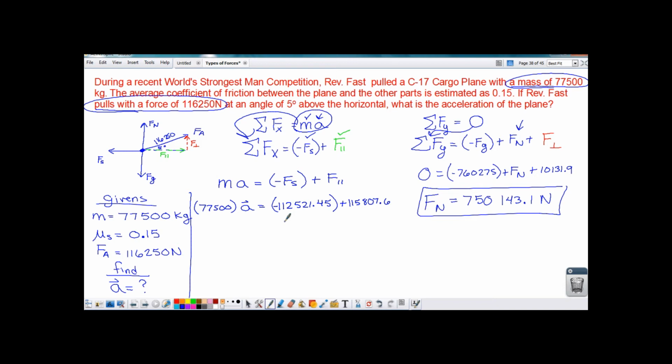If we add these two together, we get 3,286.15 newtons. On the other side, we have 77,500 kilograms times the acceleration. Divide both sides by 77,500. The acceleration is 0.042 meters per second squared.